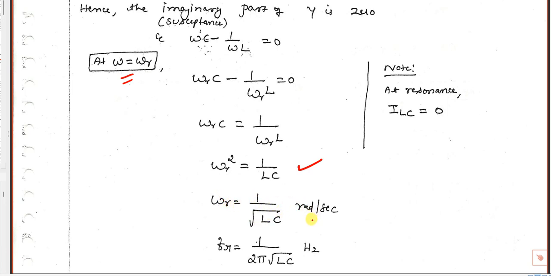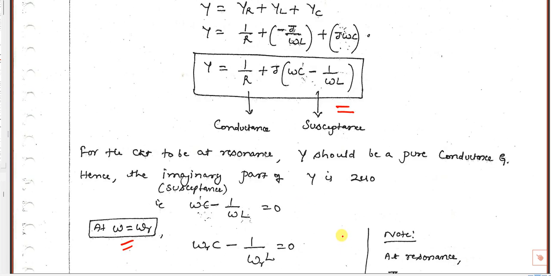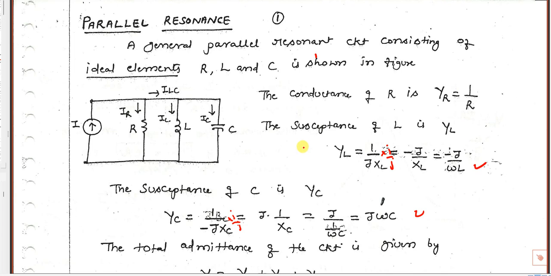This is in radians per second, the angular frequency. Omega r is 2 pi fr, so to find fr you divide by 2 pi. So fr is given by 1 over 2 pi root of LC hertz. This is the frequency of the parallel resonance circuit.